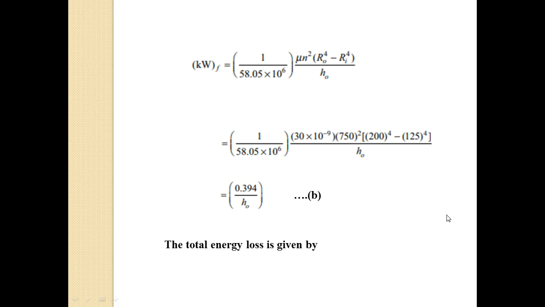So this total energy loss, that means KWT, is equal to what? Energy losses because of viscous friction, that is KWF, plus the energy required for the pumping of lubricating oil, that is KWP. Now see here, this total energy loss is given by KWT, where T in the suffix stands for total.